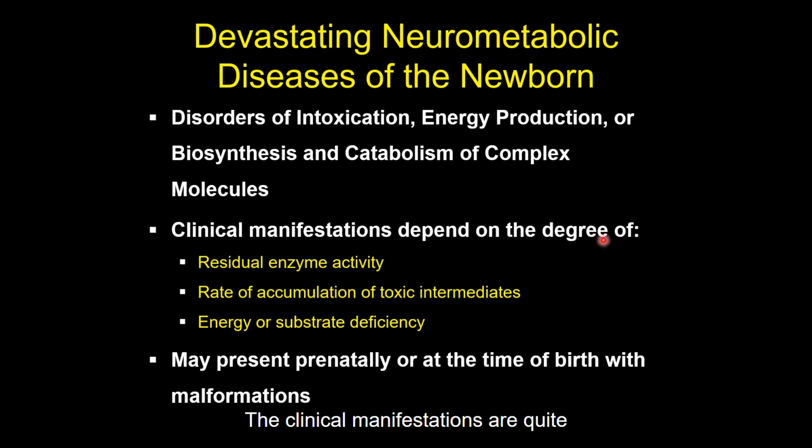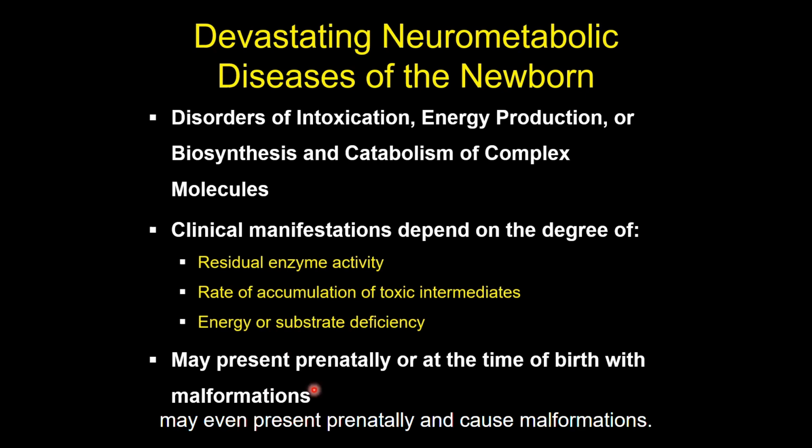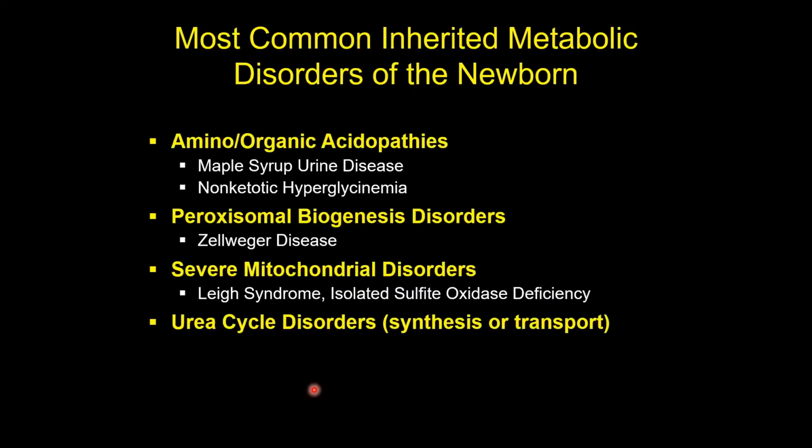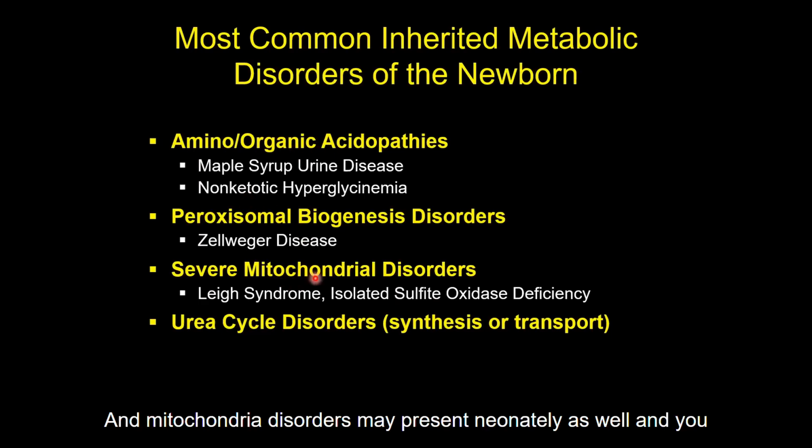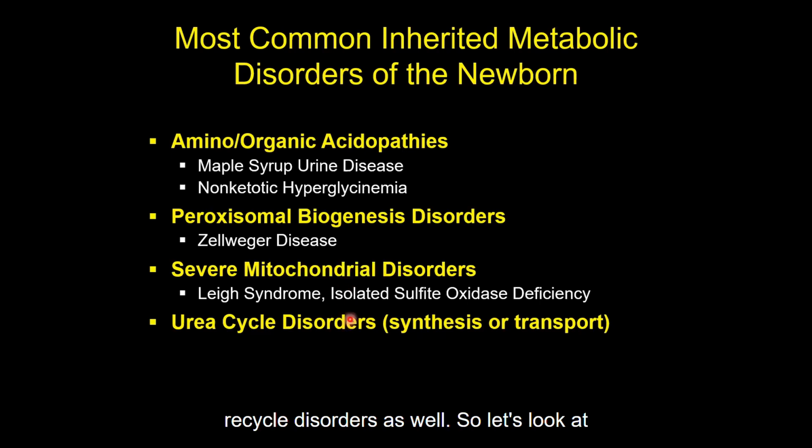The clinical manifestations are quite variable because they depend either on the residual enzyme activity, accumulation of the intermediates, or energy and substrate deficiency. And they may even present prenatally and cause malformations. So here are some of these disorders. And mitochondrial disorders may present neonatally as well, and urea cycle disorders as well.